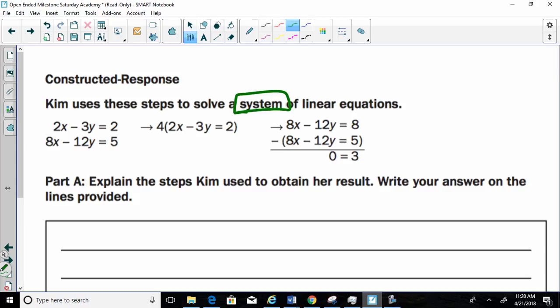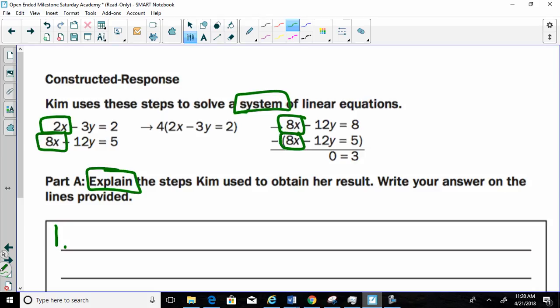So, see how it says explain the steps they took? You're gonna have to explain each step. So you would say, first, they saw that both X and Y were on the same side, so they wanted to manipulate the first equation. What did they want the X's to both be? 8.